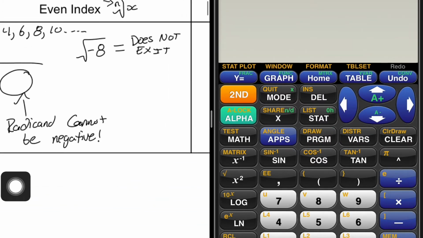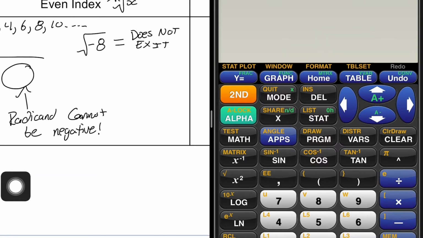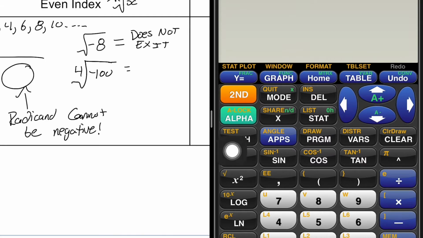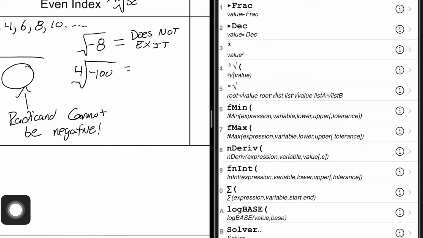It doesn't actually exist. Now, what if I make it a 4th root? I'll talk about this a little later, but let's do the 4th root of -100. It's not going to exist. So how do I do that? I'm going to press 4, and then I'm going to press math. And now you are going to press this number 5 here, and it pretty much just has a little times there.